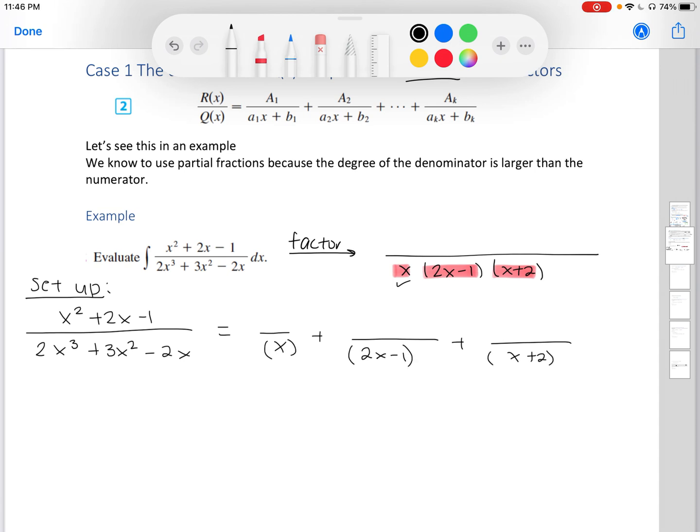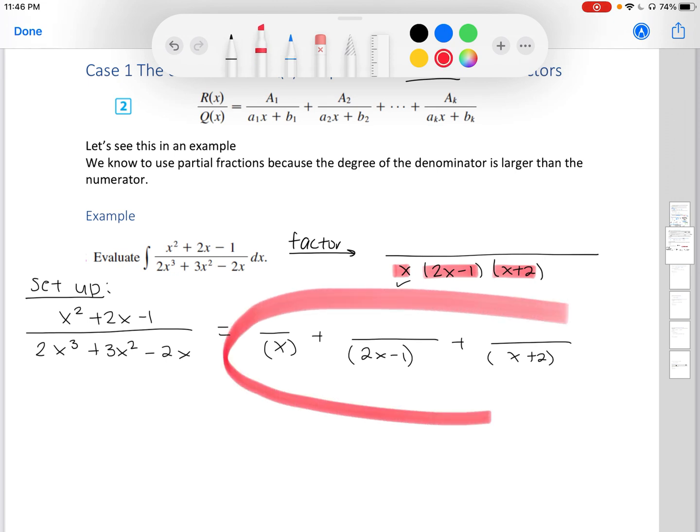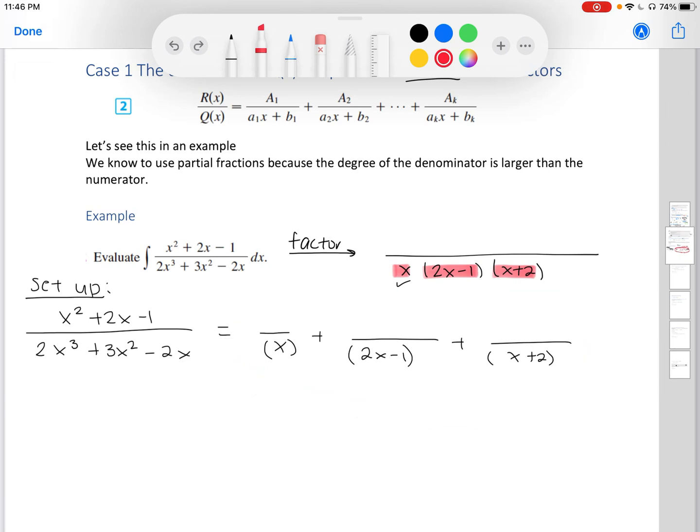Now each numerator is what we're going to find. So our hope is that we're going to have to integrate only this, which is something we can do. We need to find the numerator that goes along with it. So we're going to write A, B, and C. And we know we only need A, B, and C because, again, each one of these factors is a linear factor.